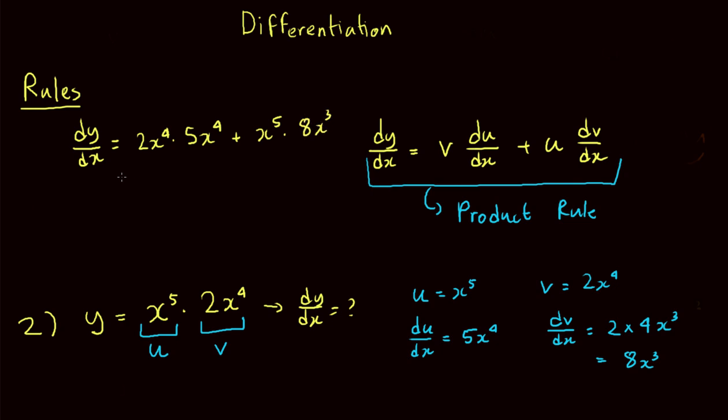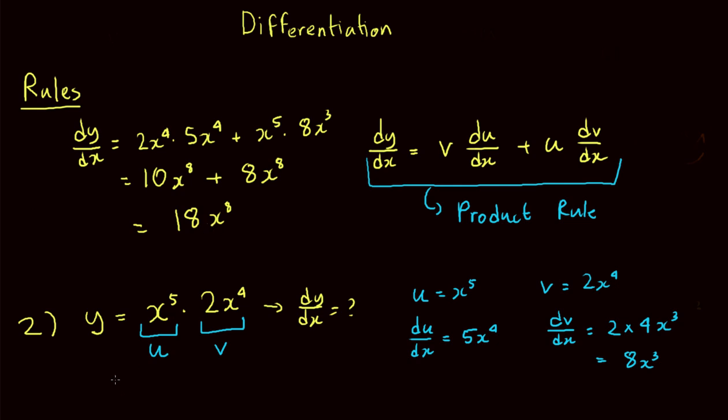And of course, if you were to simplify this, it will simply become 2 times 5 will be 10 x to the power of 8 plus 8 x to the power of 8, which would obviously give us 18 x to the power of 8.